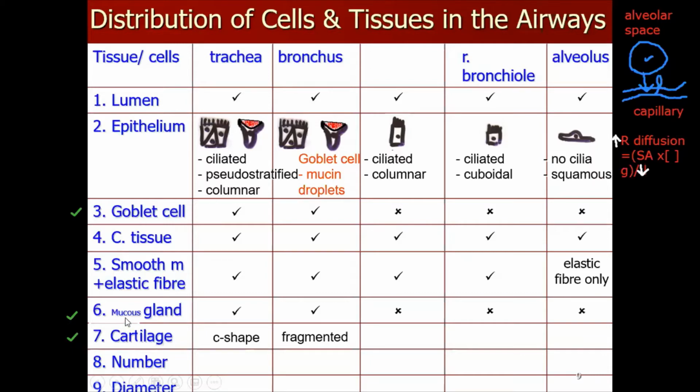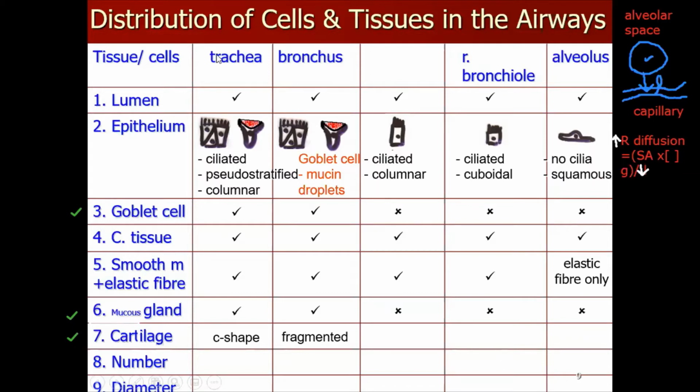Goblet cell, mucous gland and cartilage, these 3 will always appear together. If there's cartilage, there'll be mucous gland and goblet cell. So they are only found in trachea and bronchus. The rest don't have. Very easy to remember.